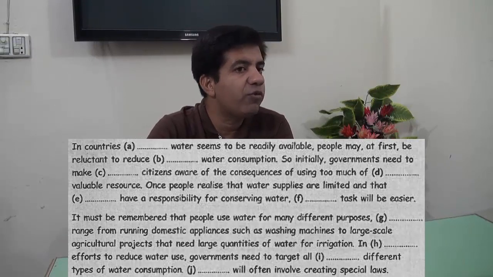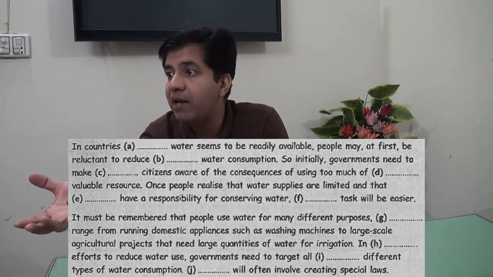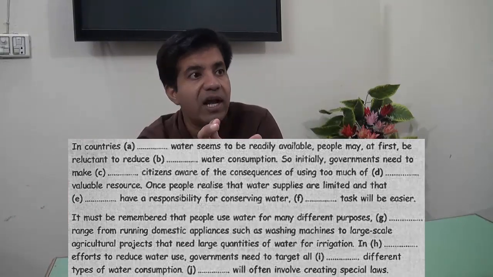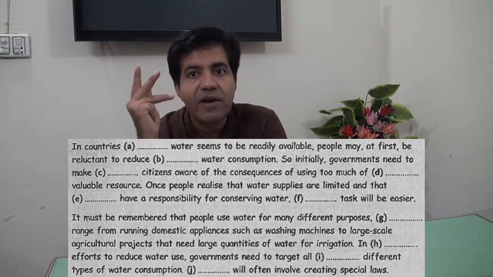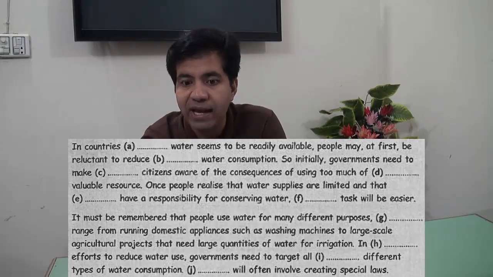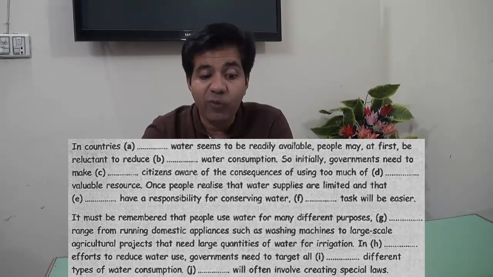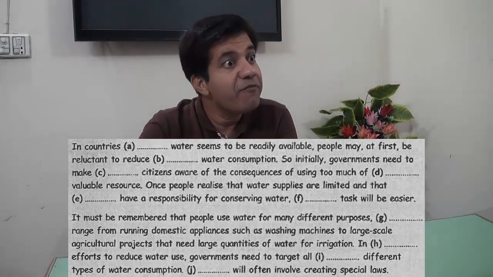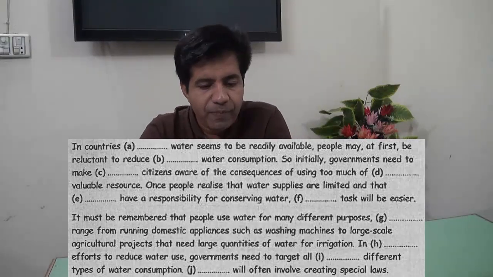Now if you're using the word water many times, you can be penalized for using the same word again and again. Repetition of ideas, repetition of phrases, repetition of sentences, that is all negative. Now for water, what has he used? This valuable resource. So this valuable resource means water.